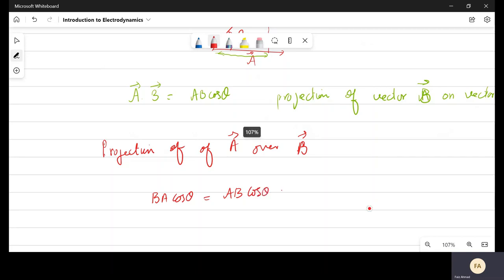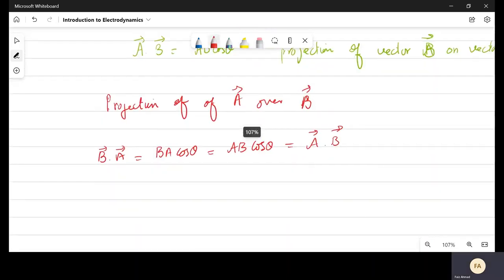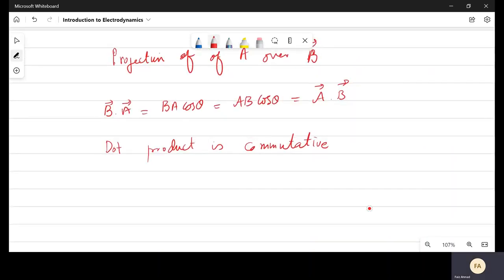We can change the order, so B dot A is equal to A dot B. So scalar or dot product is commutative. Also, the dot product is distributive.